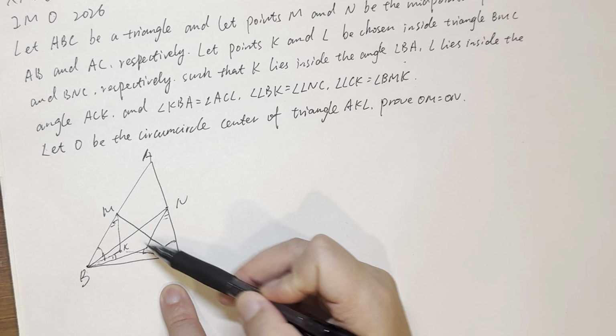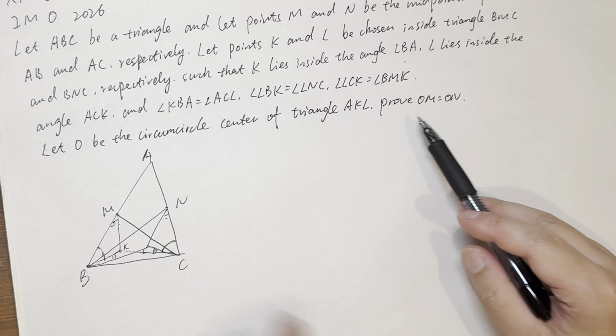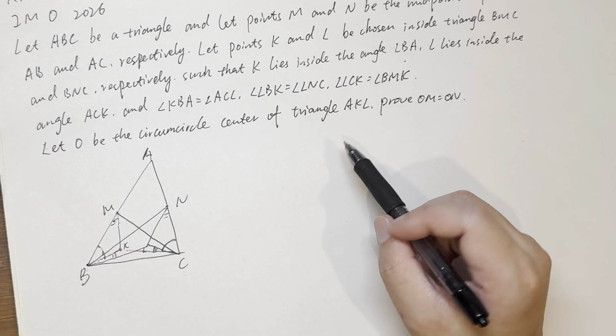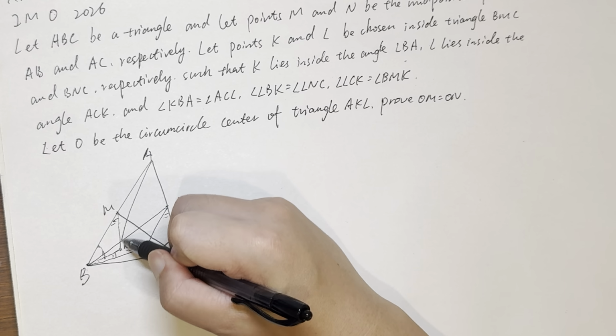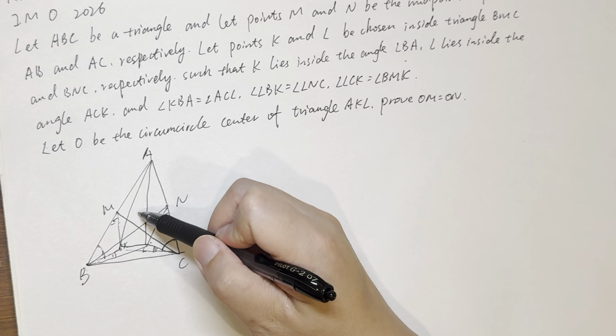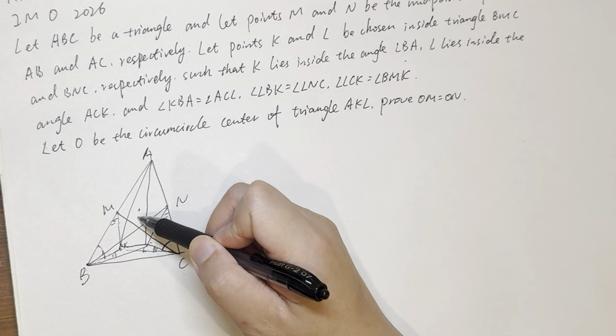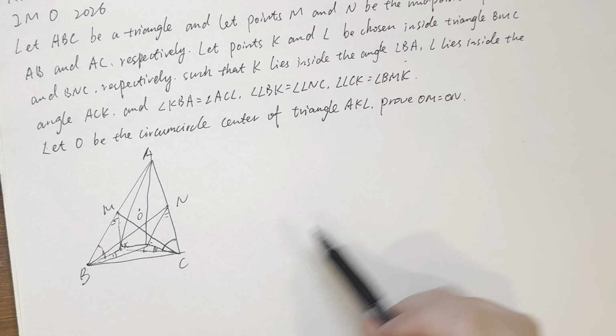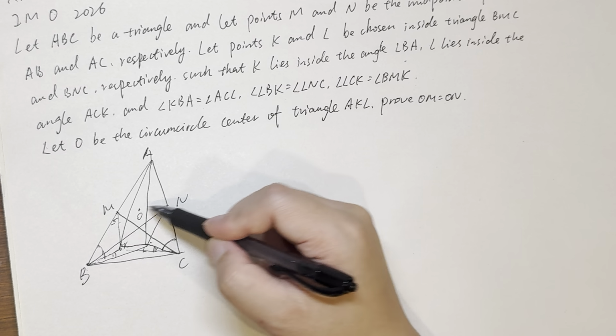We want this angle equals to this one. Let O be the circumcenter of the triangle AKL. So we have the triangle AKL here, and we find the circumcenter O. We want to prove that OM equals ON.